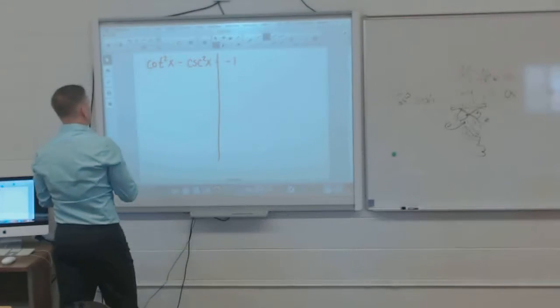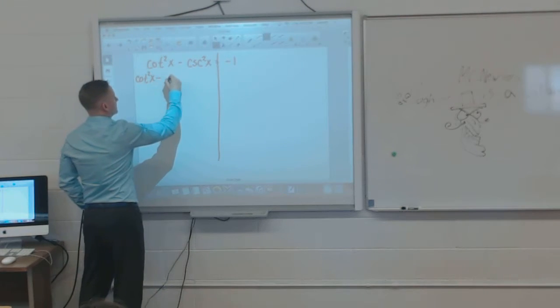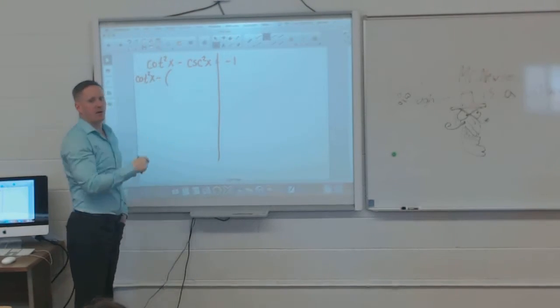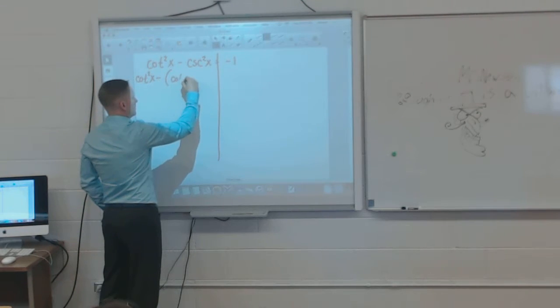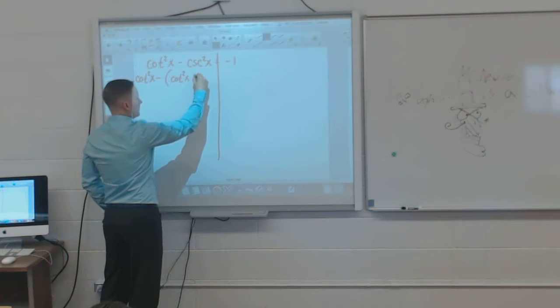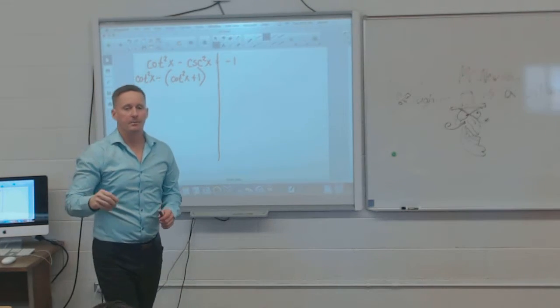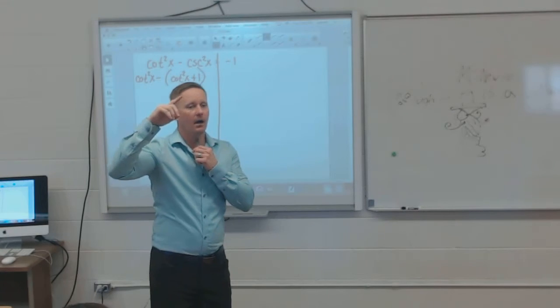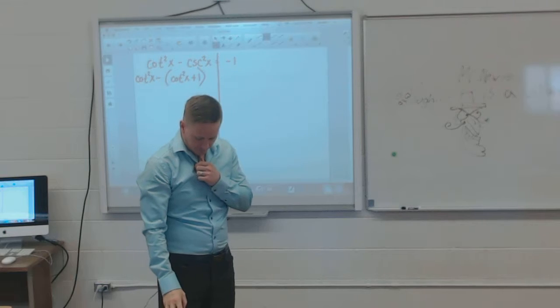Okay, so then I'm going to do this then. Cotan squared x, subtract, what is cosecant squared x equal to? Cotan squared x plus 1. Plus 1, just like that. Okay? Now, you can arrange those identities so it works for you too.